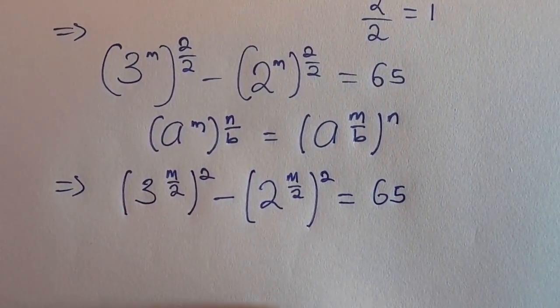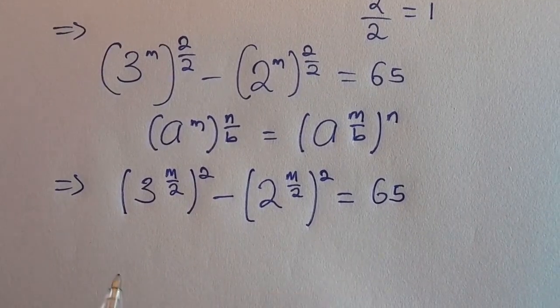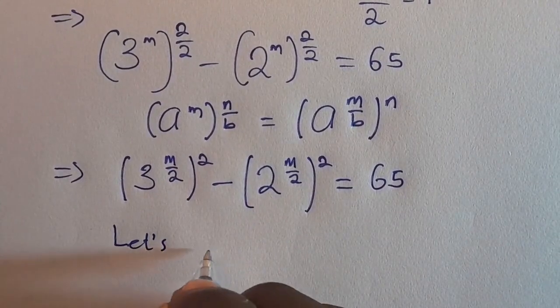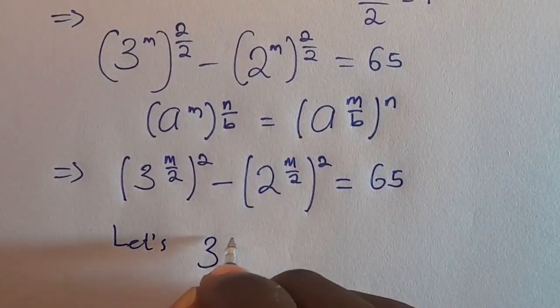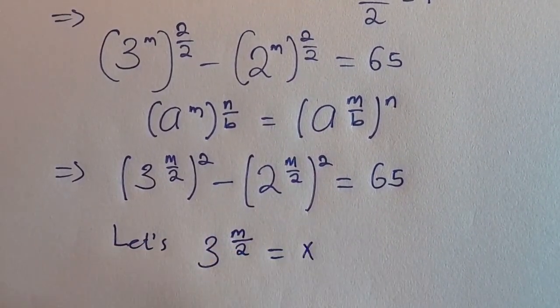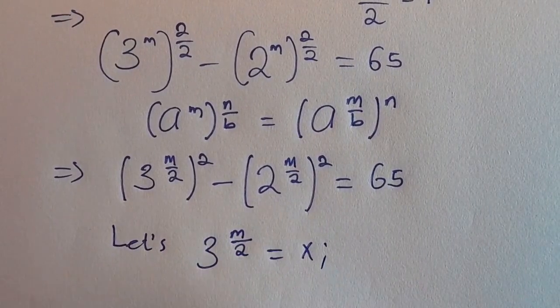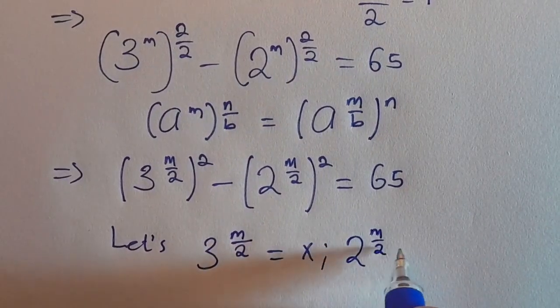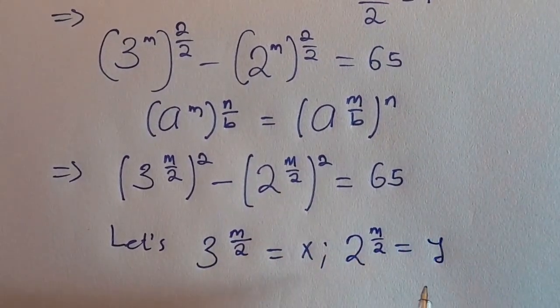Now guys, let's do something reasonable. Let's say we let 3 to the power of m divided by 2 equal x, and 2 to the power of m divided by 2 equal y.